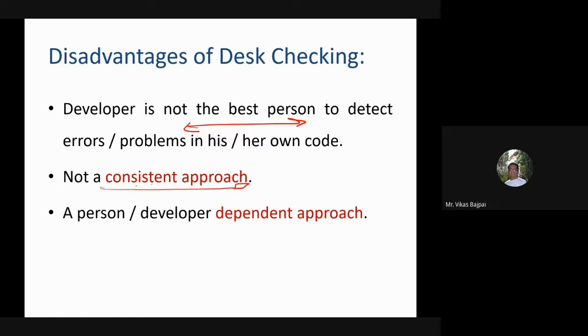And obviously, this is not a consistent approach. And since the developer is the person who is doing the desk checking, this becomes a person or developer dependent approach. This becomes a developer dependent approach.